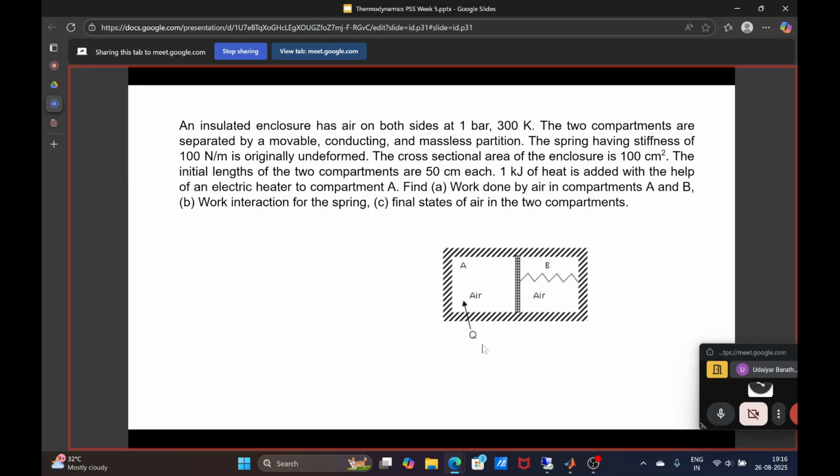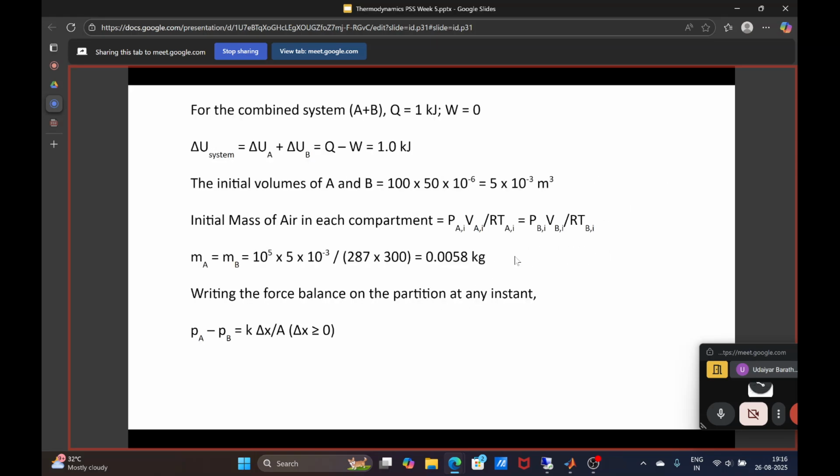Only the electric heater is transferring energy in, and there is no heat transfer coming out. So only Q is 1 kilojoule going in. This will cause a change in internal energy of the system: change in internal energy is Q minus W, and W is 0, so it is 1 kilojoule, which is distributed between compartments A and B. So delta UA plus delta UB is 1 kilojoule.